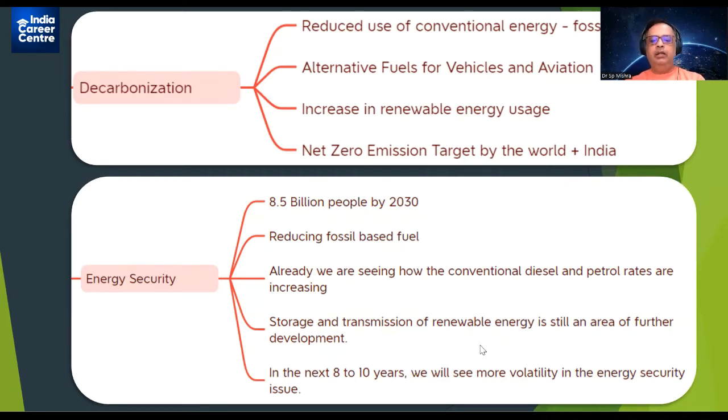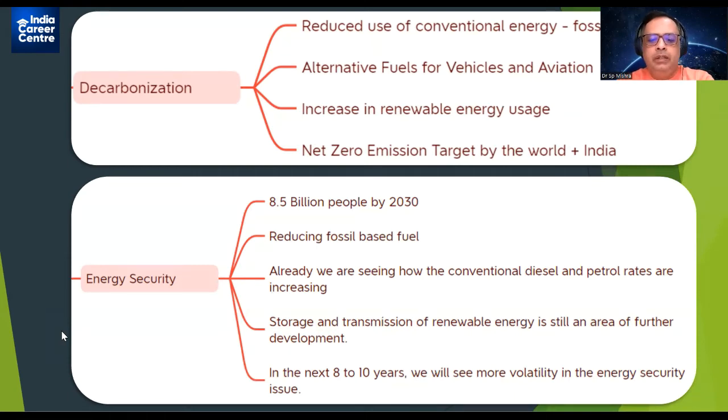So under energy security, we have to understand that by 2030, we'll have 8.5 billion people. And we all know that the fossil fuel will keep on depleting, and the cost of exploration or economical use will continue to grow more and more over a period of time.